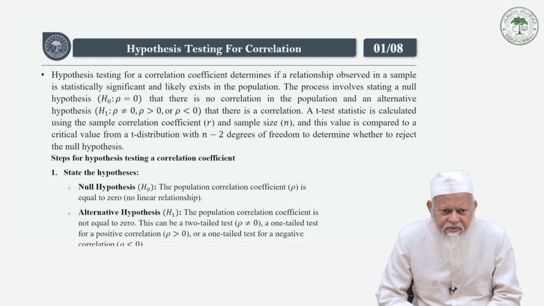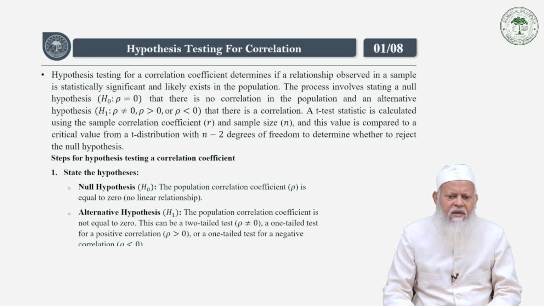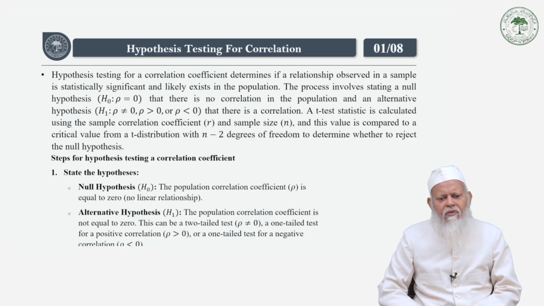So what are the steps involved in hypothesis testing? In all hypothesis testing, we have to follow this protocol. First, set up the null hypothesis that the population correlation coefficient is equal to 0. That is, there is no linear relationship between the two variables.